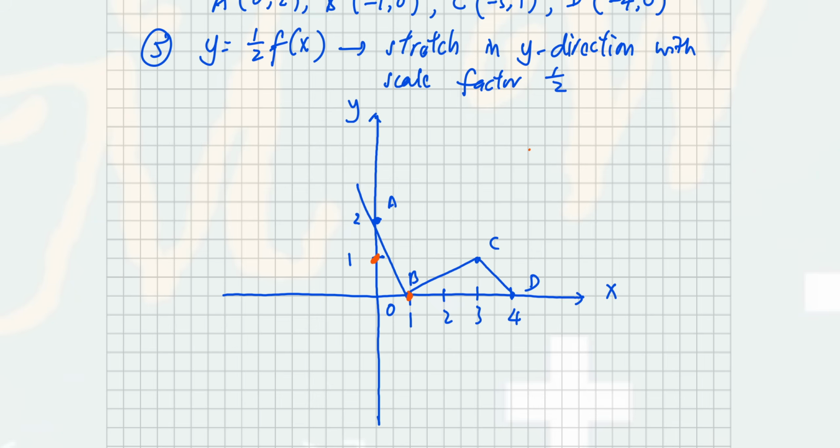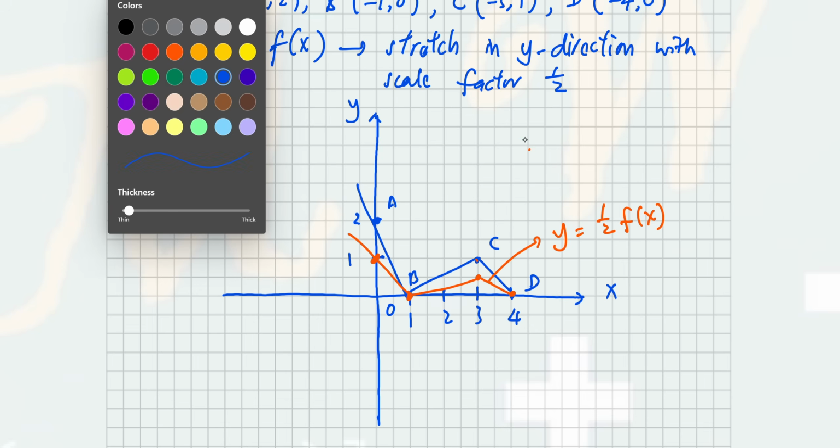Half times 0 is 0. Half times 1 for the point C, it will be half over here. So you are compressing the graph. So now your graph becomes this. So this is your y equals half f(x).